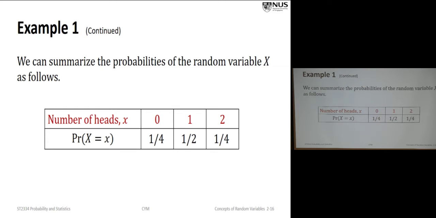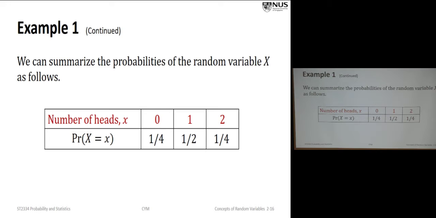All right, so let me ask you. We have tossed the coin twice. Let's say if I toss it 10 times, and X represents the number of heads. What are the possible values of X?